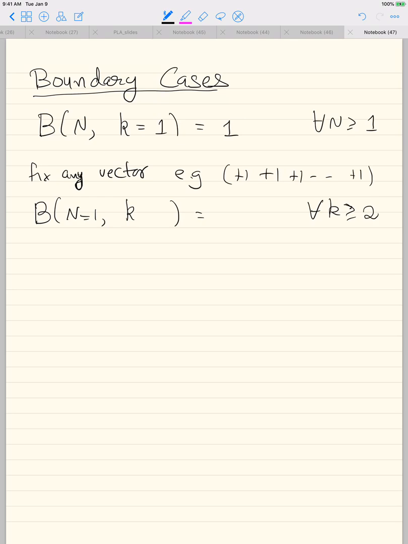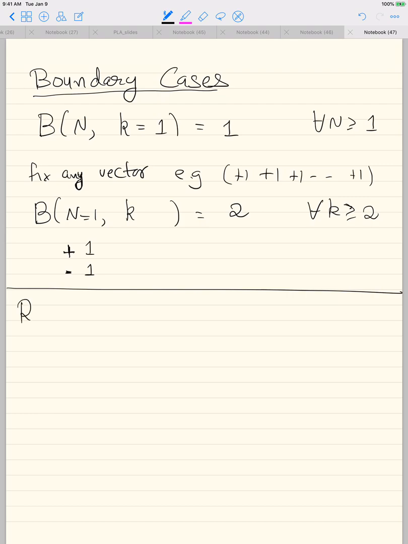If I only look at dichotomy vectors of length 1, and k has no constraint, k can be greater than or equal to 2, then I can only have plus or minus as my candidates, and they're both feasible. So this is equal to 2. Okay, so these two are the base cases.